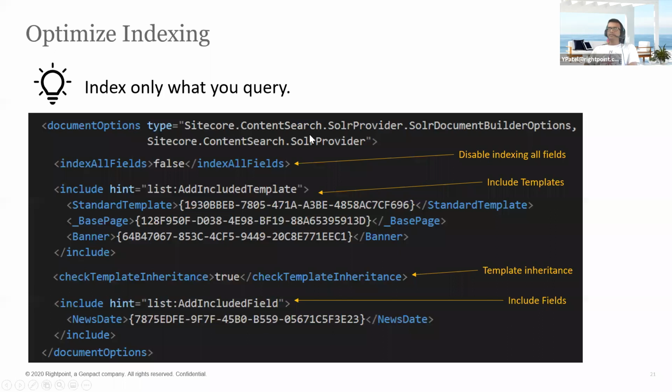So the idea is to index only what you query. What Sitecore does out of the box is index all the fields.